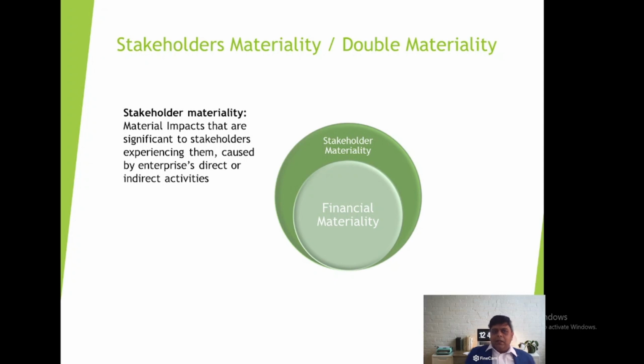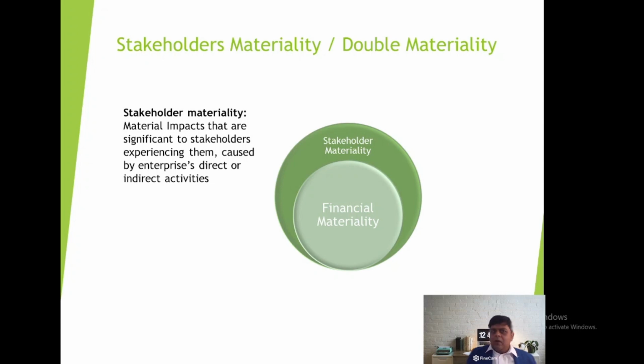Now, our next point is how European Union is addressing this concept. European Union is using the concept of double materiality. What does it mean? That they are using the stakeholder materiality concept as well as the financial materiality concept.